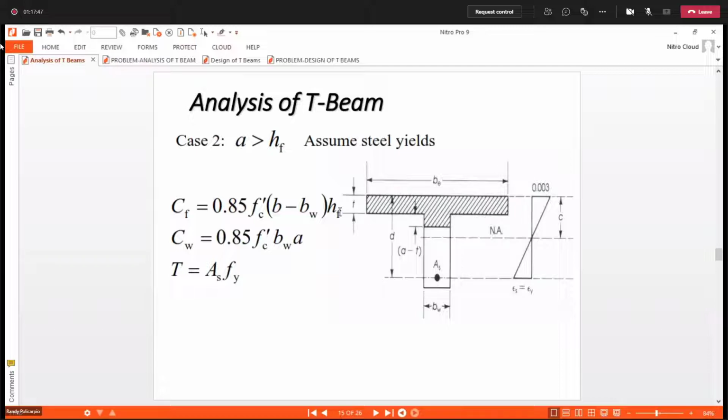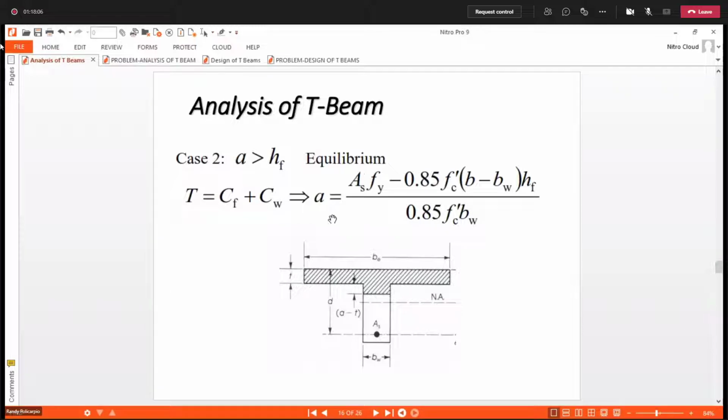Now for cw, the remaining part here will be your bw a, because our a is here. And for your T, your steel yields, that is our assumption. Then solve for a using the equilibrium condition.